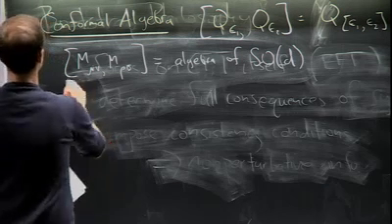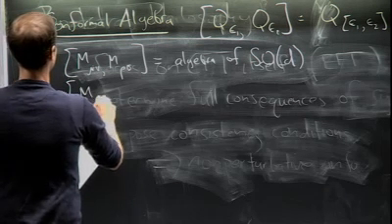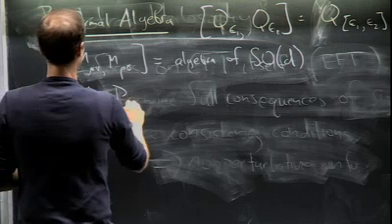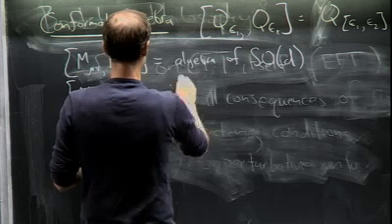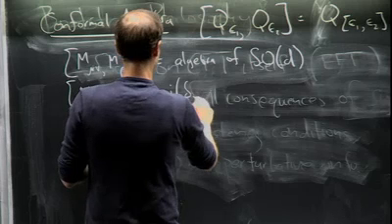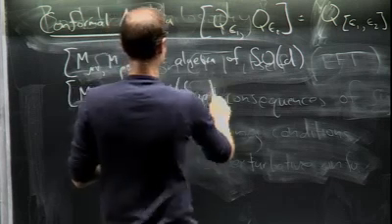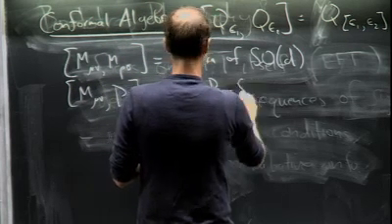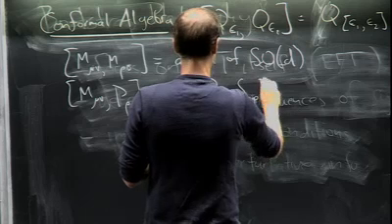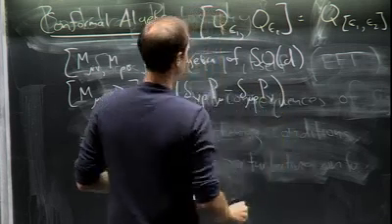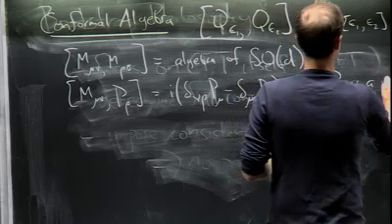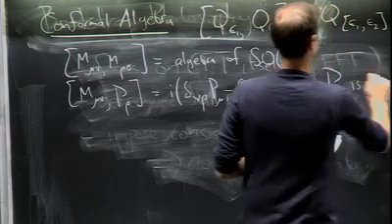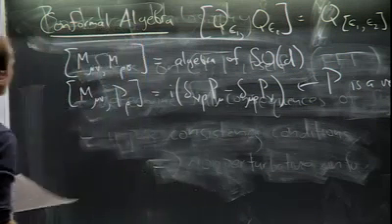And similarly, a commutator of M_μν with P_ρ is just the following. And this just says that P is a vector under SO(D).